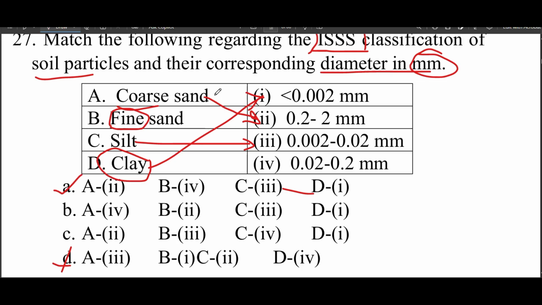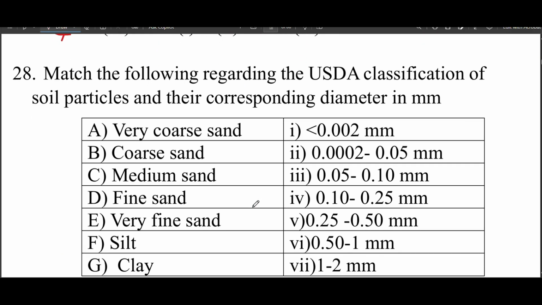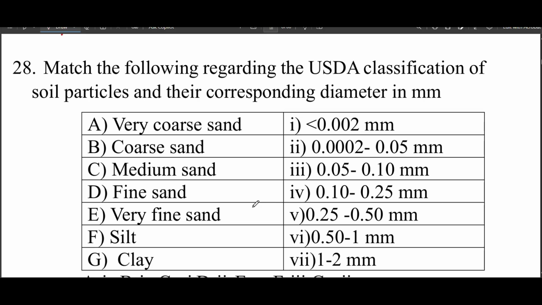So remember this. Okay, then next question, match the following regarding USDA. This is a USDA type classification question. We have seen ISSS classification, then next USDA. In that also you have to know the size.